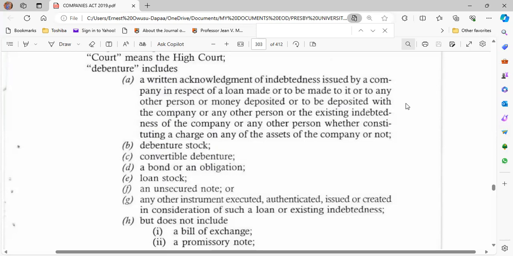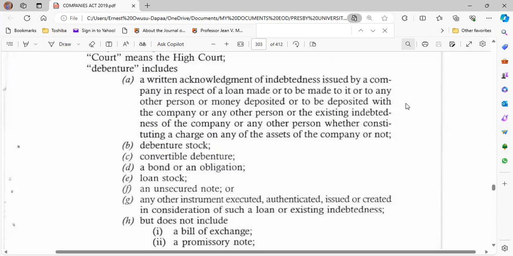If you look at the opening words, it says debenture includes, and in statutory interpretation, whenever a word being defined is preceded by includes, it means that whatever is being provided there is not exhaustive.